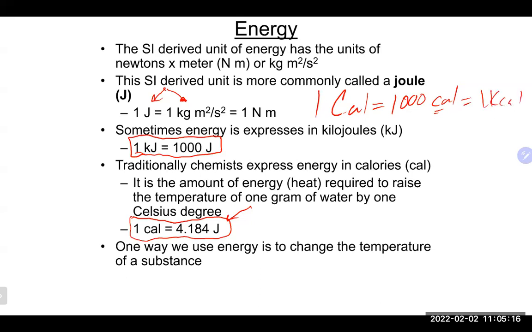So 1 kilocalorie, which is another conversion we come across a lot, is equal to 1,000 of the little calories. So nutritional calories obviously is like on our food.